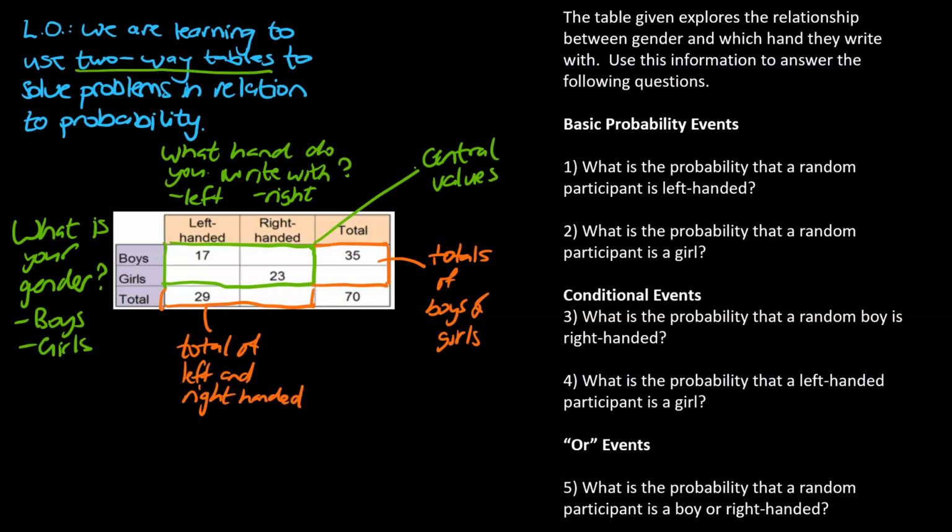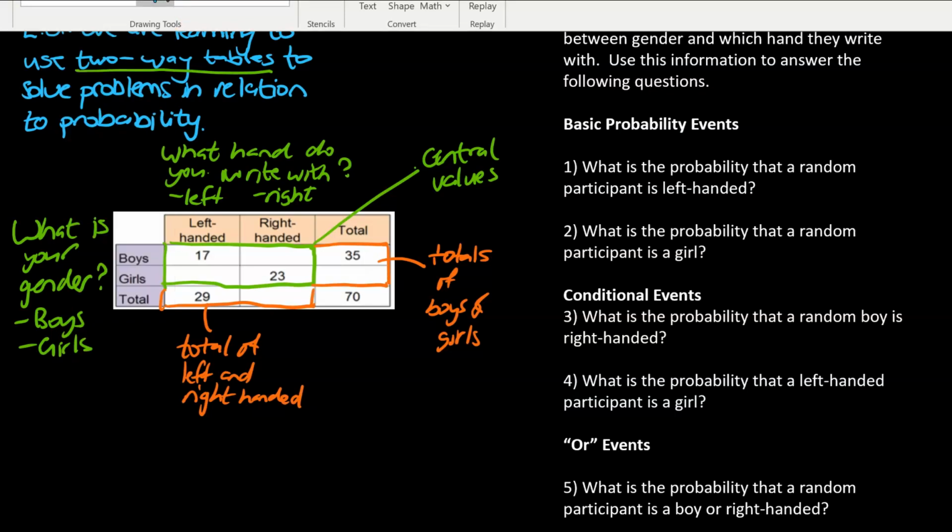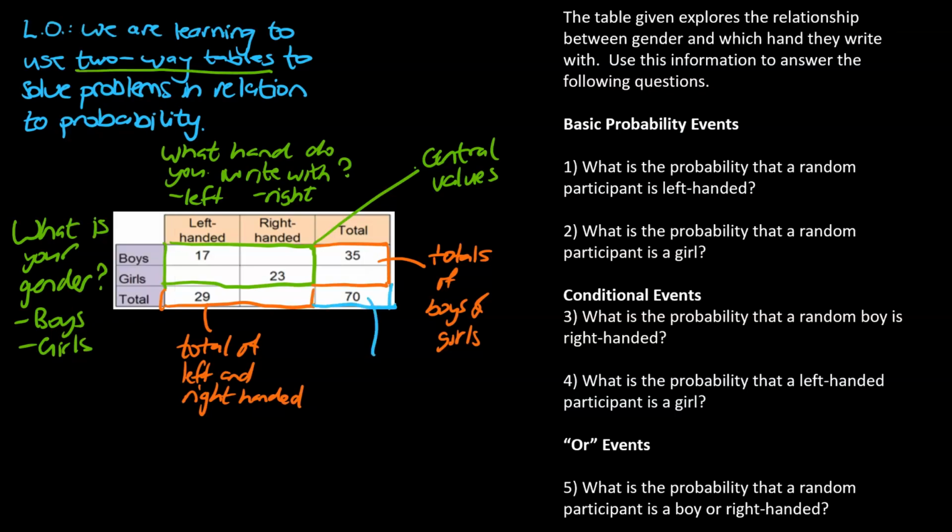The final one we need to be aware of, we'll go back to blue for this one. The very total down at the bottom here is the total number of people involved in the survey. So we're going to call that the grand total.